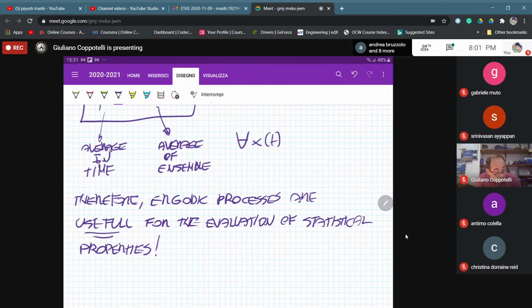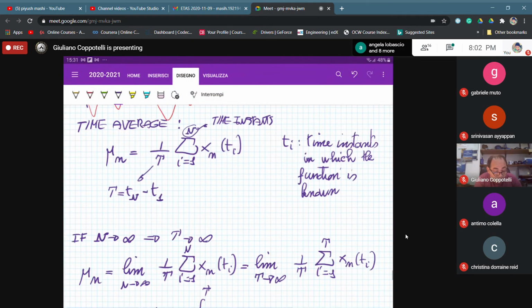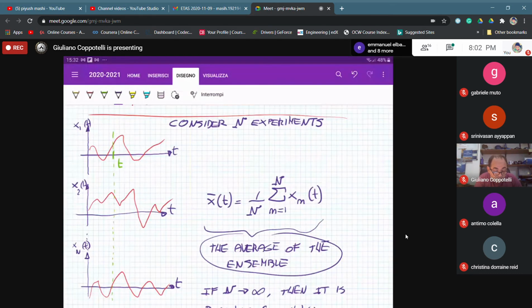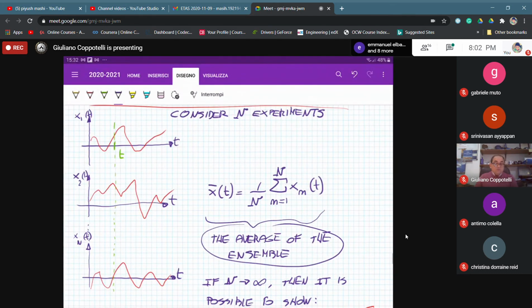With that, let's go back to the virtual laboratory, as we considered before. If you would like to characterize whatever stochastic process, we need to have a very high number of tests.